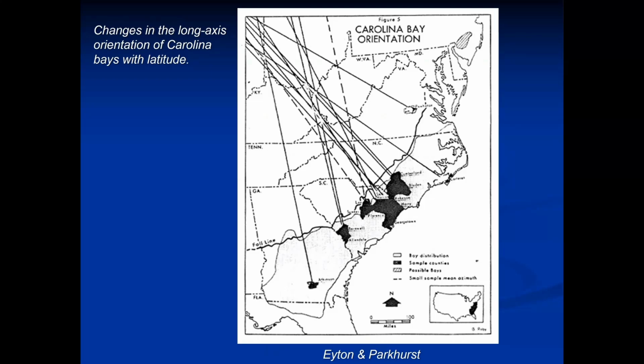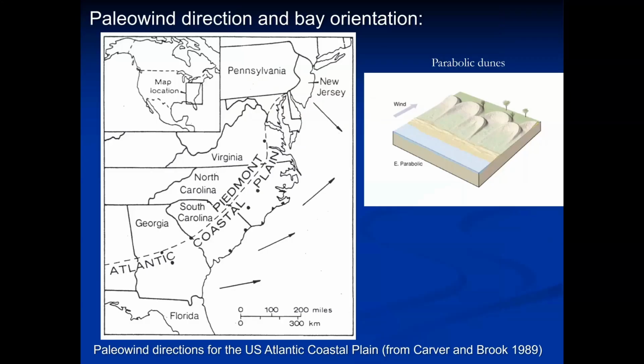But if you look at the work of Carver and Brook from '89, they looked at things like parabolic dunes on our rivers as an indication of paleo wind direction. What was the dominant paleo wind direction, right? Parabolic dunes tell you that in an instant when you look at them, right? Because the U shape of the dunes are pointing basically in the direction of the wind.